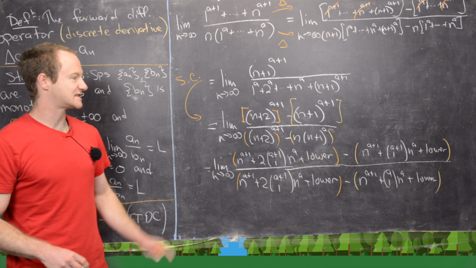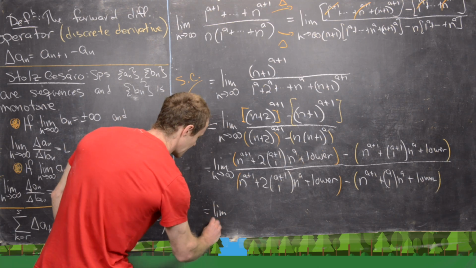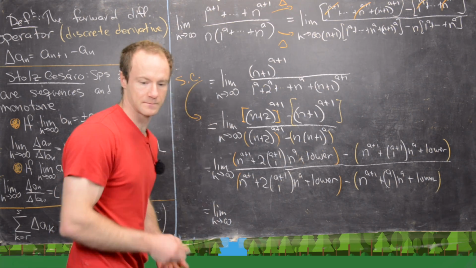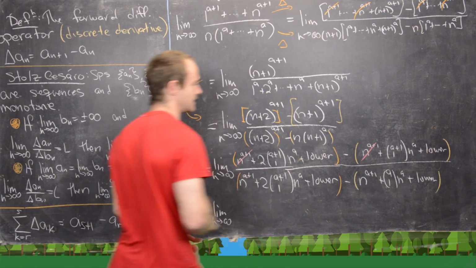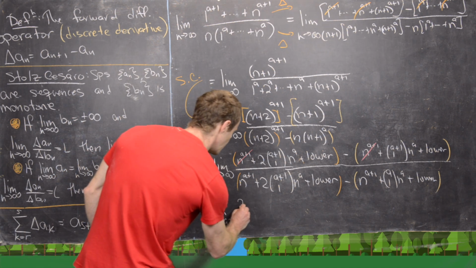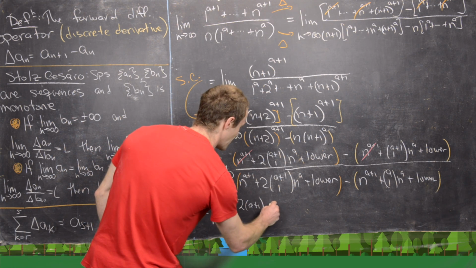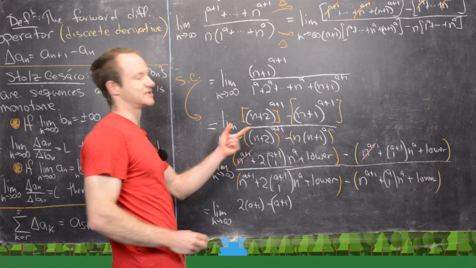Okay, so now let's see what we get after everything cancels. So that's going to give us the limit as n goes to infinity. And then in the numerator, these top two terms are going to cancel, and we're going to be left with 2 times a plus 1 minus a plus 1. So notice a plus 1 choose 1 is just a plus 1.